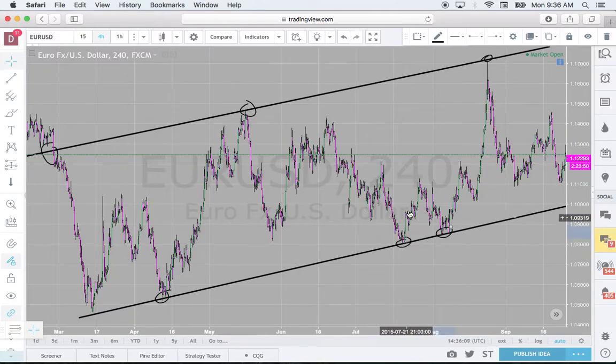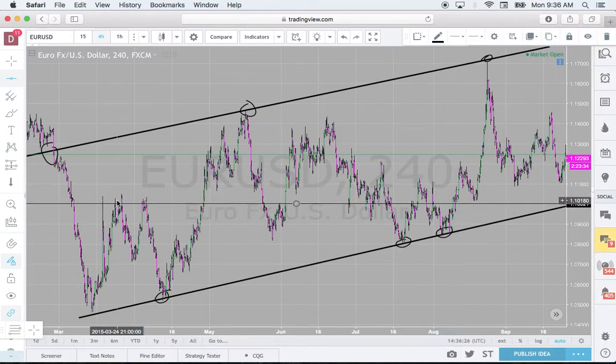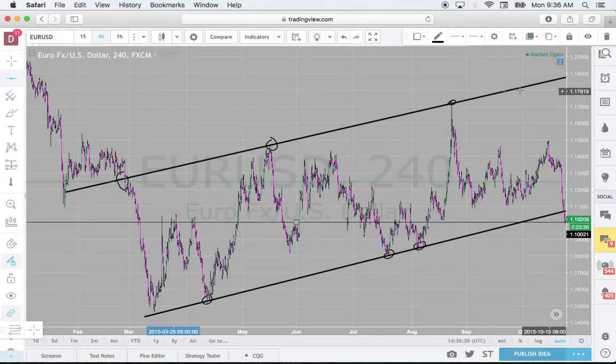Or I guess I should say, how can we spot support and resistance? So we just went over how trend lines work and how to graph them out.